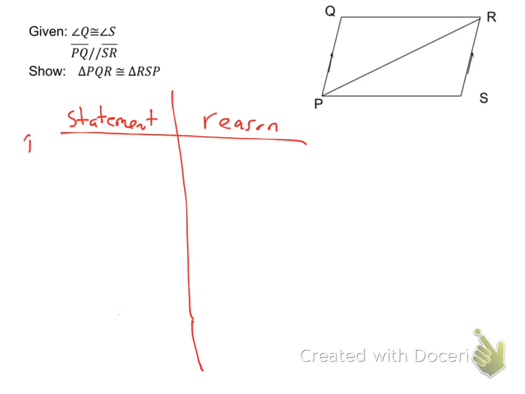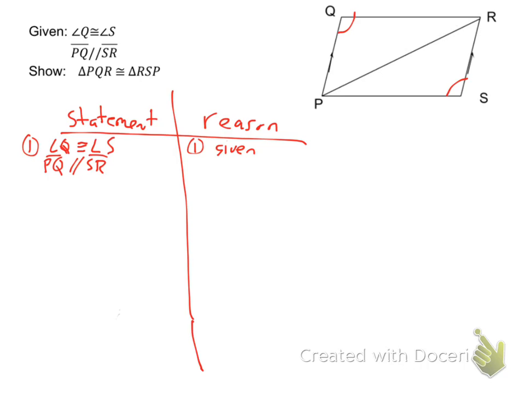So, number 1, angle Q is congruent to angle S, and PQ is parallel to SR. Reason? Given. So I'm going to go up here and place it on there. Parallel, I can't do anything yet.